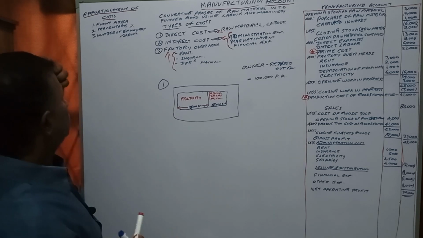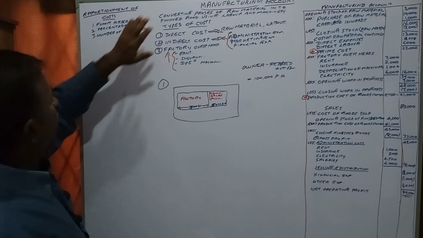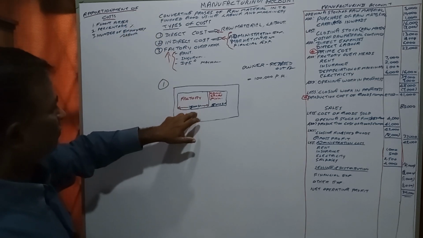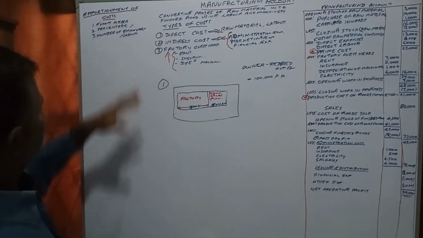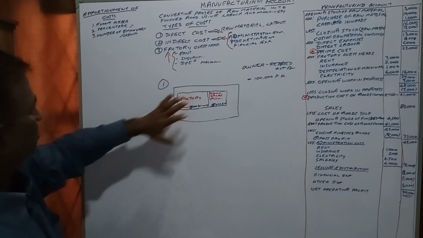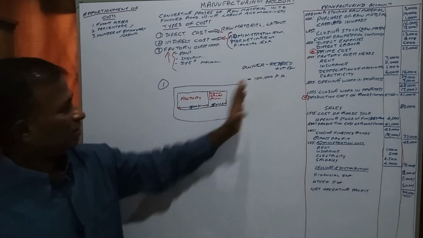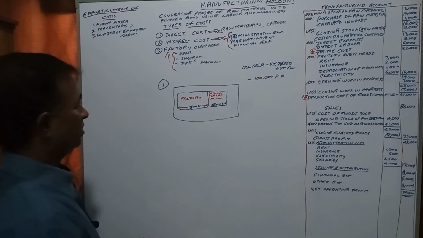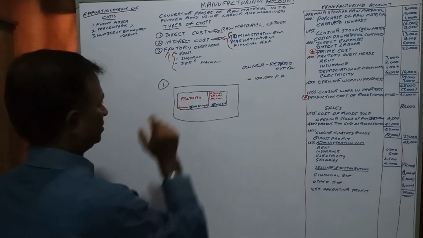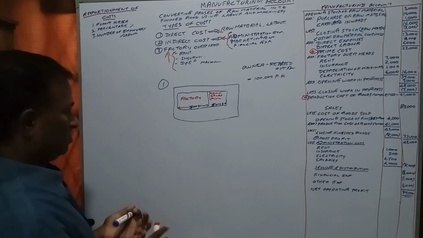Right? You can apportion the cost based on floor area, that means square feet. Here, for example, based on floor area, in the sense, 100,000 is there, and there is 15,000 square feet.